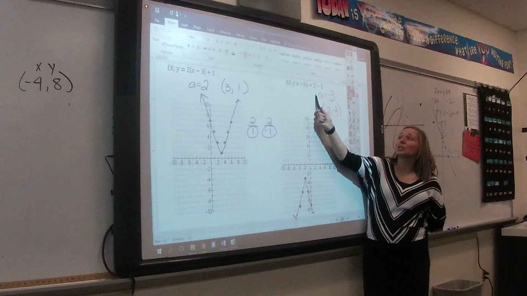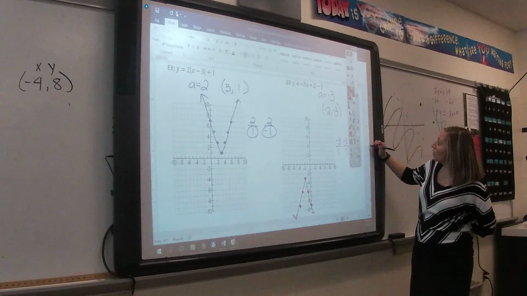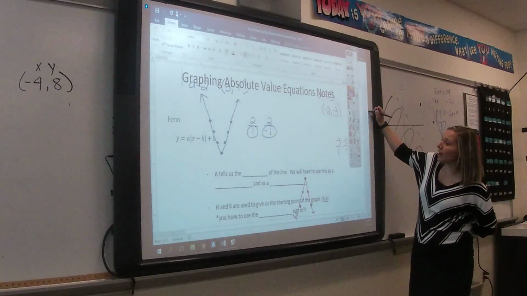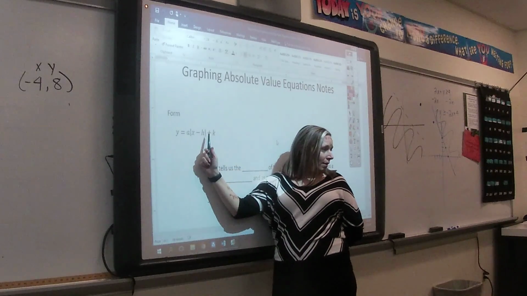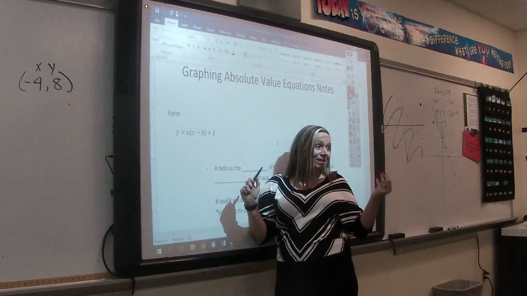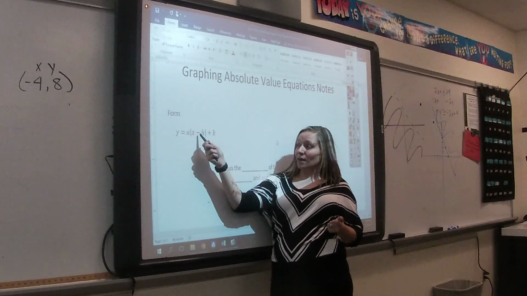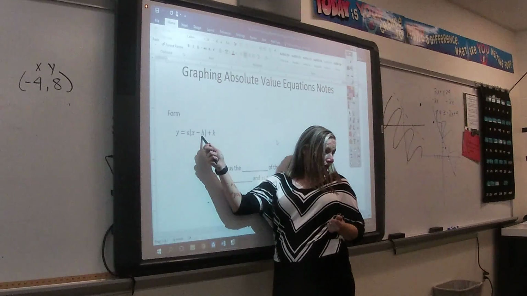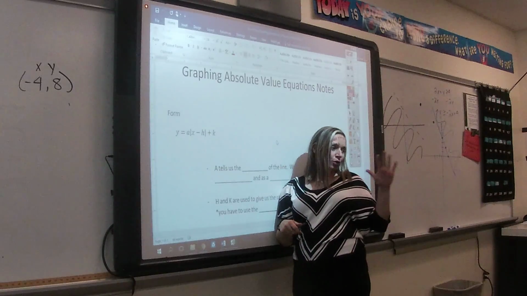This has nothing to do with the absolute value bars. It has to do with the fact that the formula that we had up here says minus h. And minus is the same thing as a negative, which is the same thing as the opposite of. So we're taking the opposite of h. Nothing to do with the absolute value bars and it always being positive. Those are two separate things.